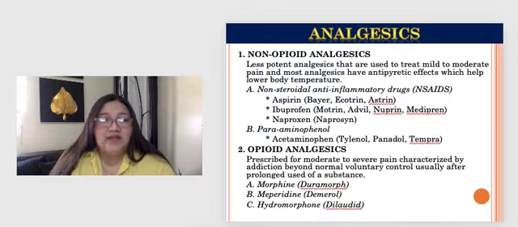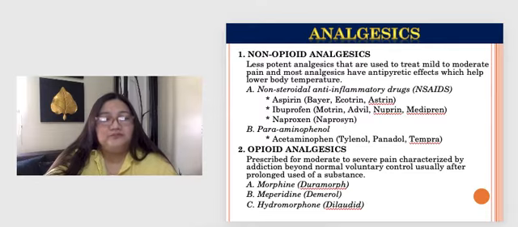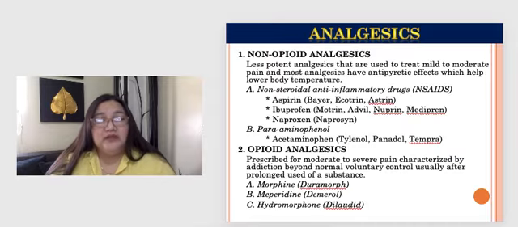Now, there are two general classes of analgesics, the non-opioid and the opioid. Silang dalawa ay may mga differences. Unang pagkakaiba nila, yung potency. Non-opioid analgesics are less potent. Pwede sila for mild to moderate pain. On the other hand, yung opioid analgesics, more potent, pwede sila for moderate to severe pain.